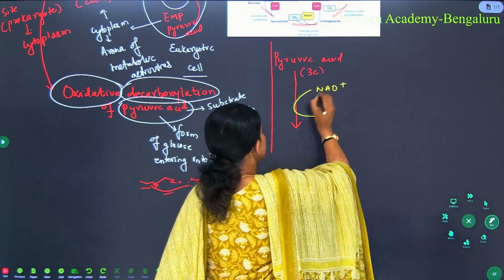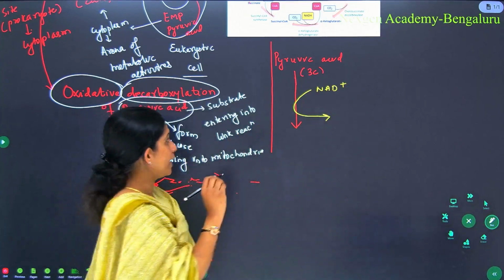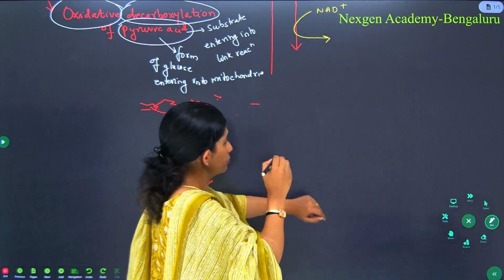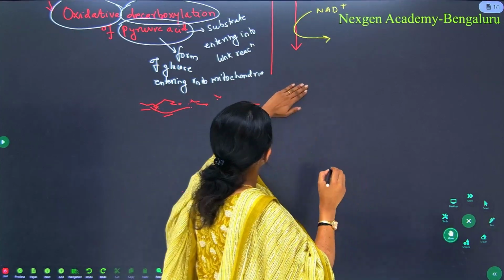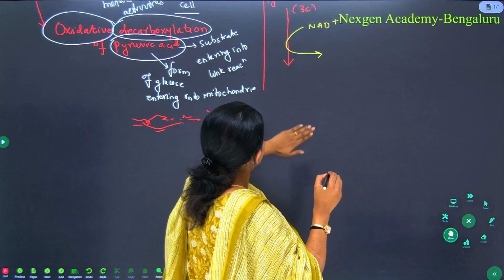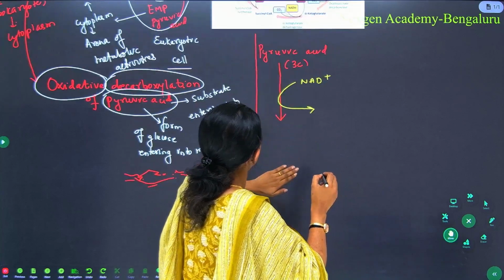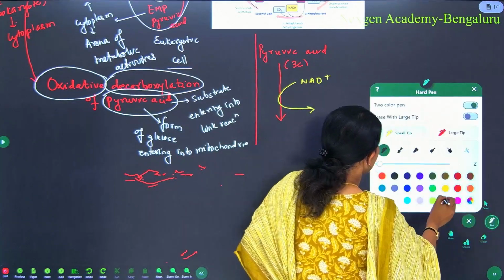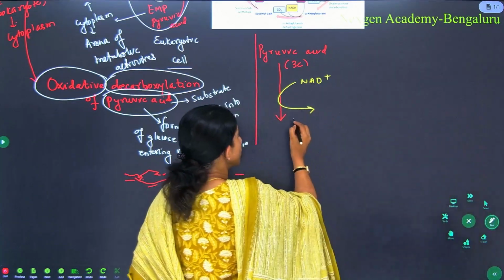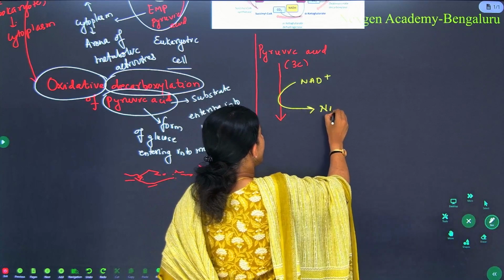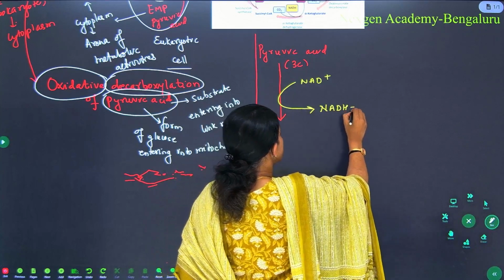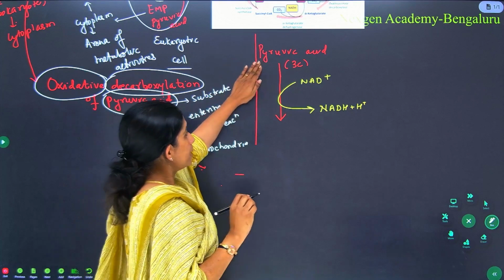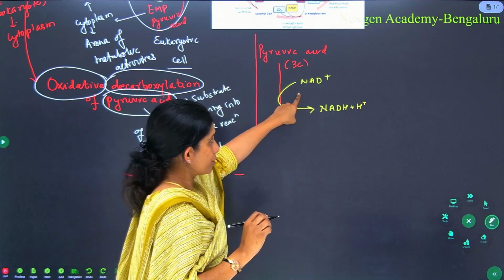NAD plus is the oxidizing agent, right? And what is released as a product here? NADH plus H. So here pyruvic acid will undergo oxidation.